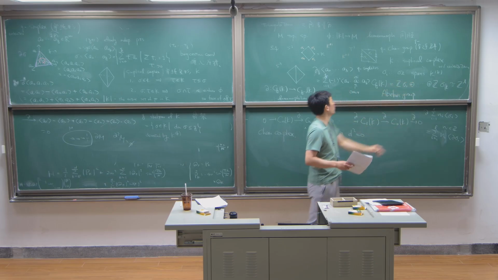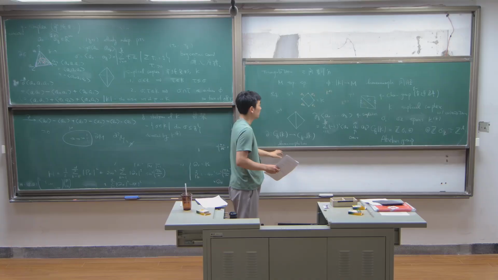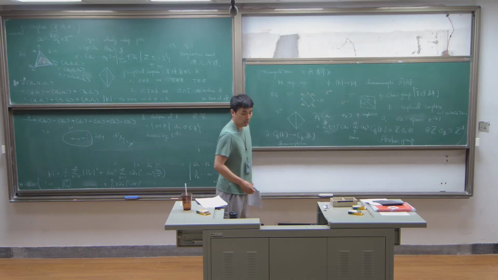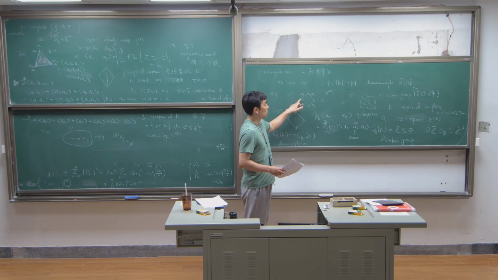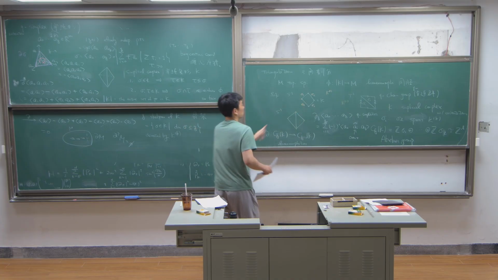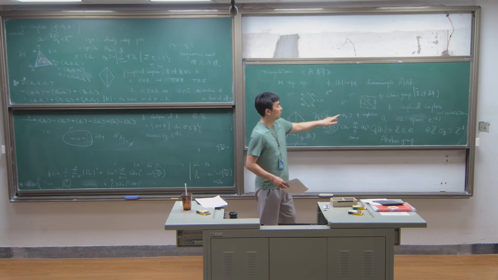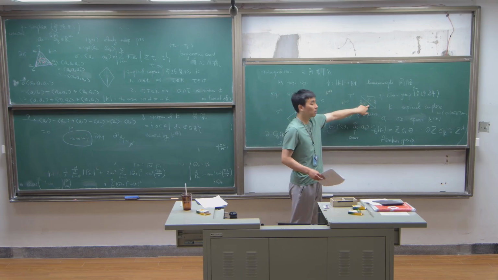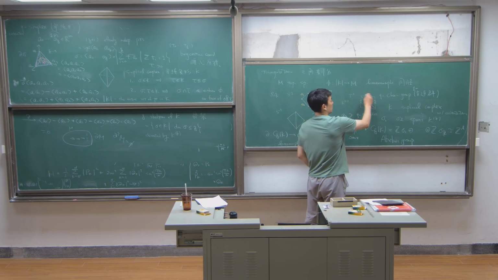So for instance, in this example, the one skeleton is spanned by sigma 1, sigma 2, sigma 3, sigma 4. In this example, the two skeleton is spanned by sigma 1 and then sigma 2.